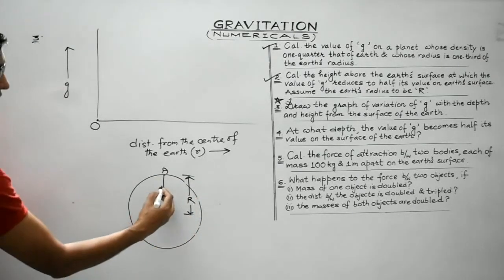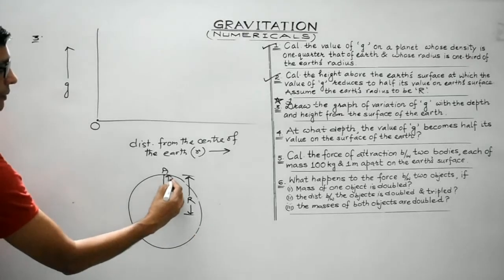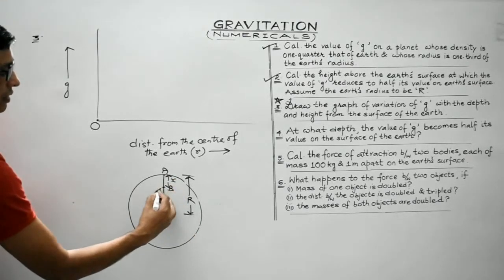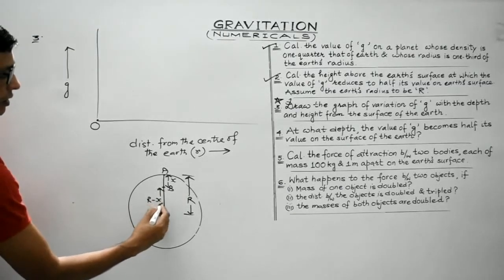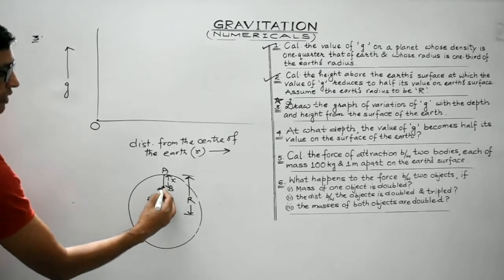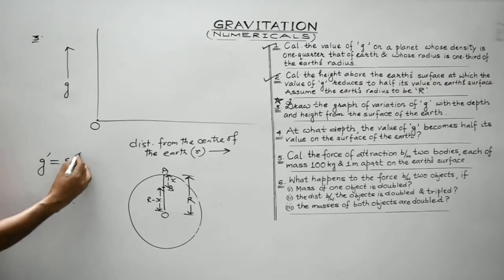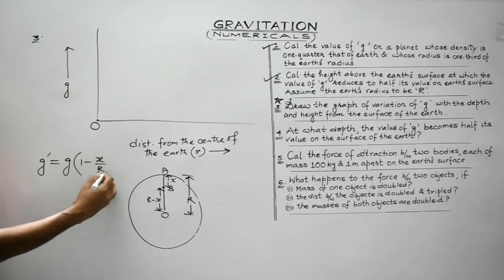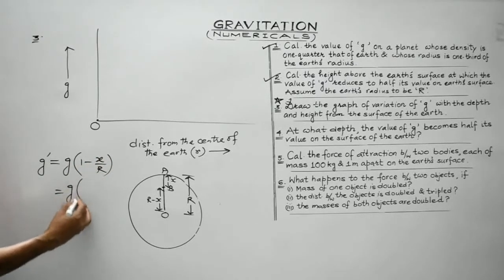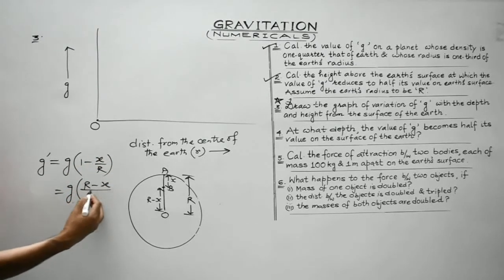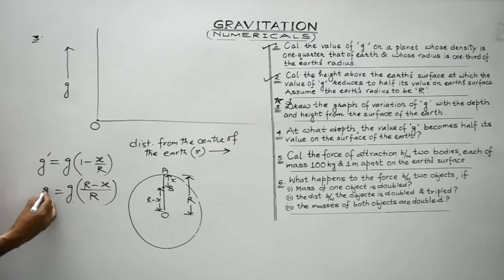Yesterday we discussed that at a point B, which is at a depth x below the earth's surface, the value of acceleration due to gravity is g dash equal to g into 1 minus x by R. This is the formula which we have obtained theoretically, isn't it?